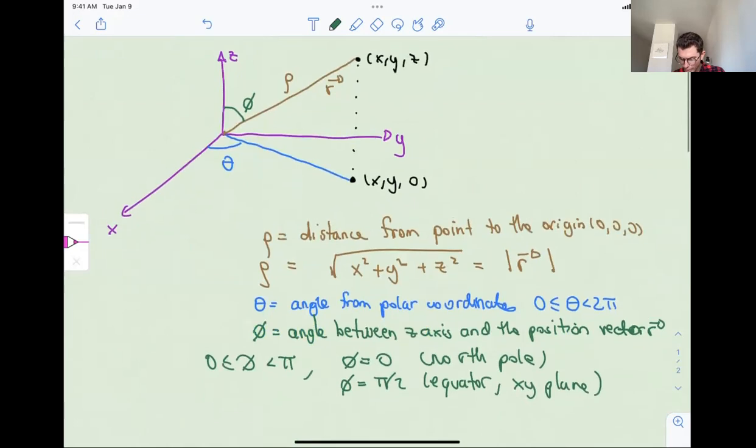And when phi equals pi, you are at the South Pole. The only thing that can be a bit confusing about phi is that it starts at the North Pole. That's the only thing you have to remember. That can be a little bit weird. Is that okay? Yes, this is all in radians. The positive z-axis is 0 radians.